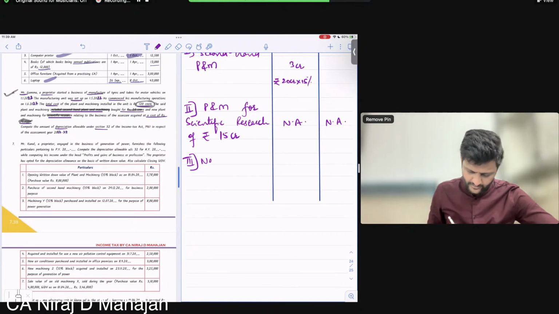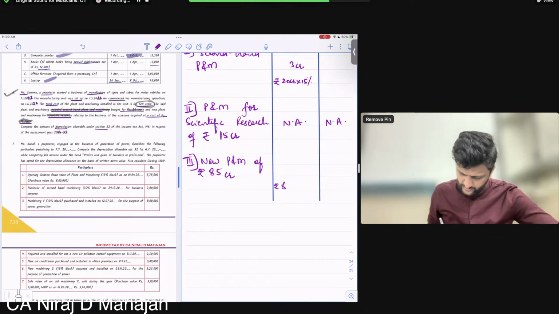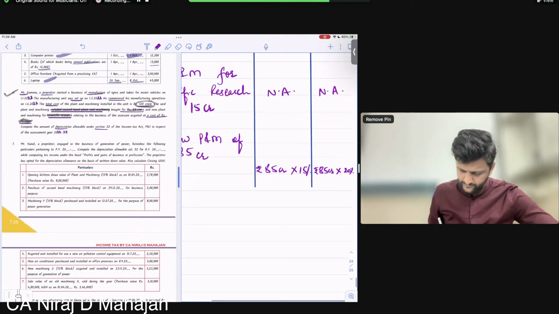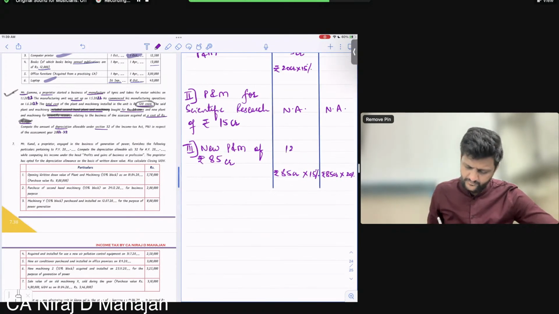New plant and machinery, rupees 85 crore. So rupees 85 crore into 15% and 85 crore into 20%. Fine. This is 12.75, I think, crores, and this is 17 crores, I think.